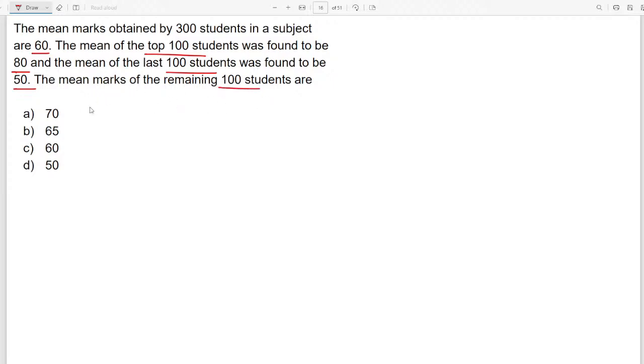So again, we know that the sum is equal to average into number of terms, so we can use this formula here.